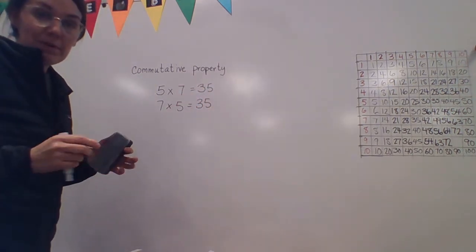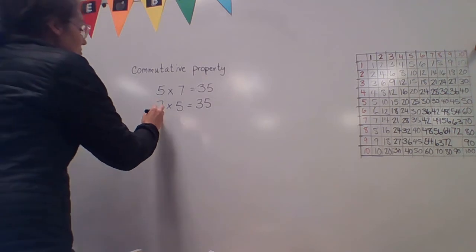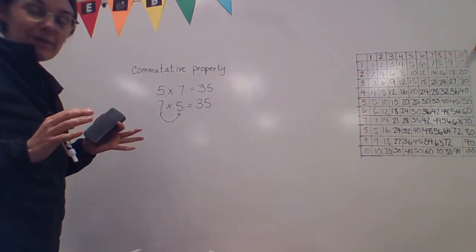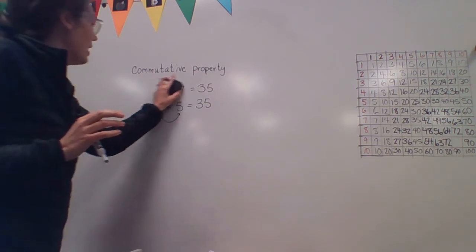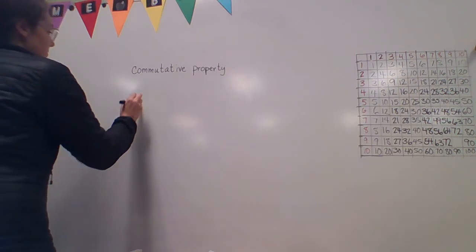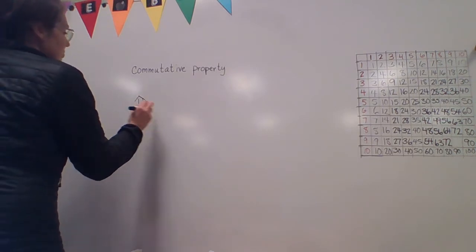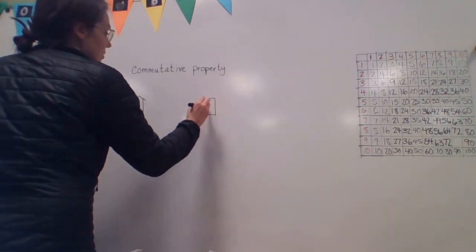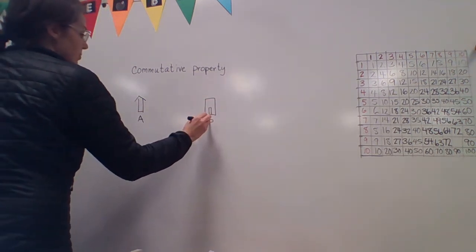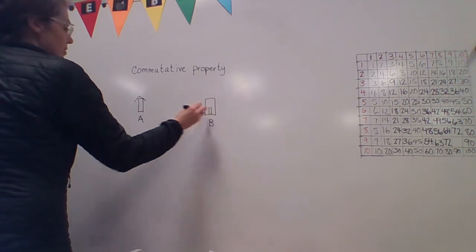Now, commutative property just means that I can commute, I can change the order of both of my factors and still get the same product. I like to think of it as when you commute from home to work, this is point A, and this is point B. Here's my home, and here's my work.